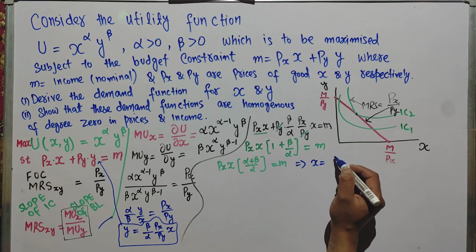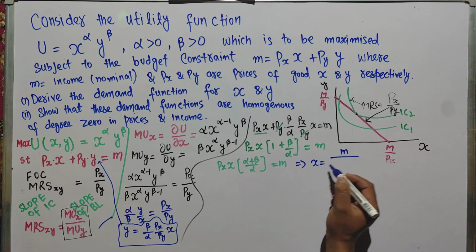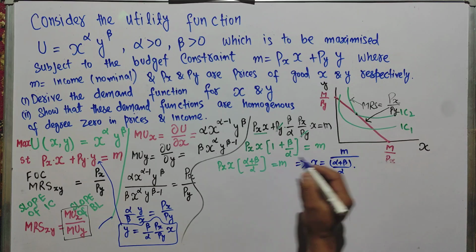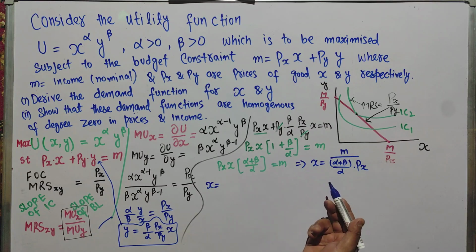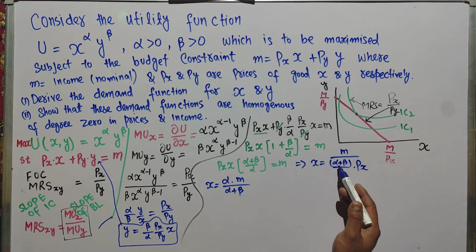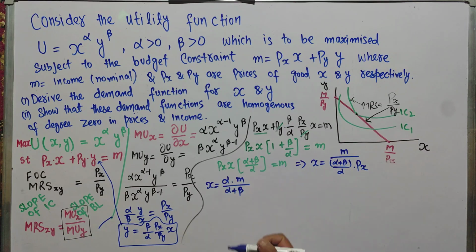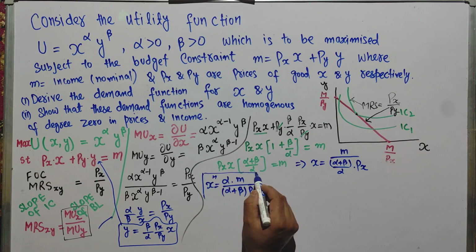So we have m divided by alpha plus beta divided by alpha times px, or x will be equal to alpha times m divided by alpha plus beta, times price of x. Simple, I reciprocated it, so this came to the denominator. This is actually our Marshallian demand, what we call the ordinary demand function.